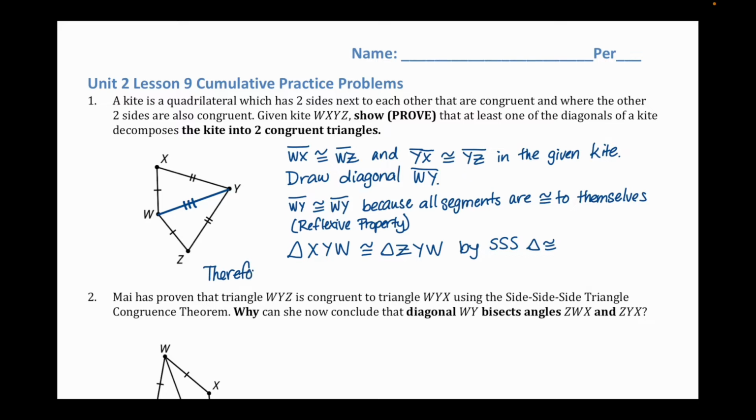Therefore, at least one diagonal of the kite decomposes it into two congruent triangles.